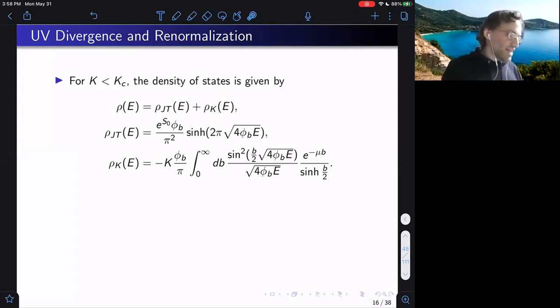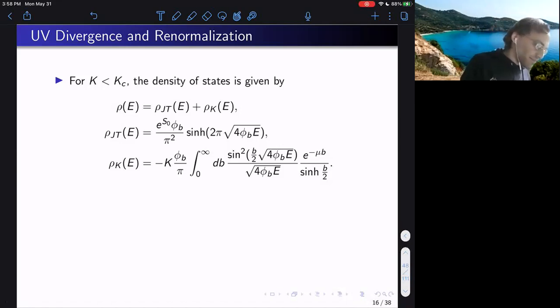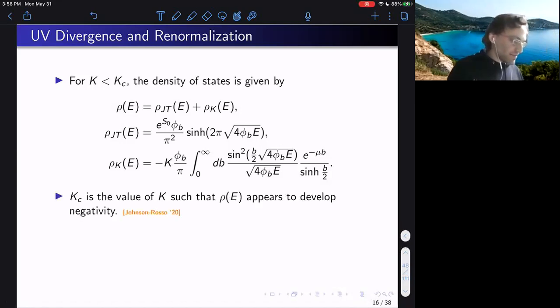But the point at which this happens is precisely k equals kc, so this equation won't apply past that point. This was similarly observed in a paper by Johnson and Rosso last year, where they considered deformed JT gravity theories and cases where a naive calculation would suggest the density of states had negativity, but a correct calculation would indicate that the 0-point energy of the spectrum has changed.